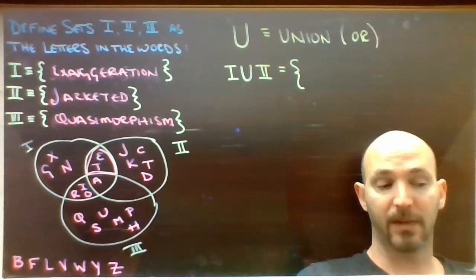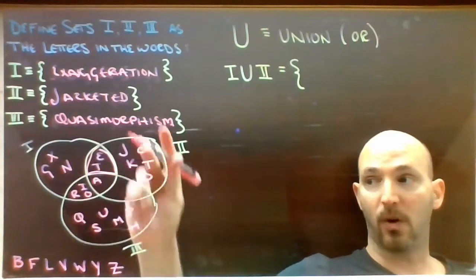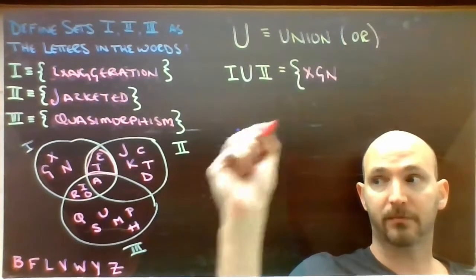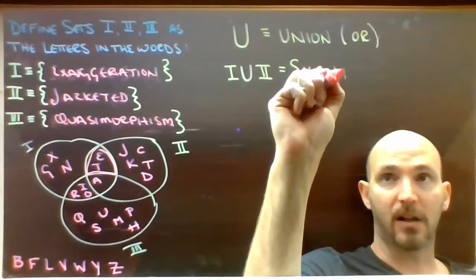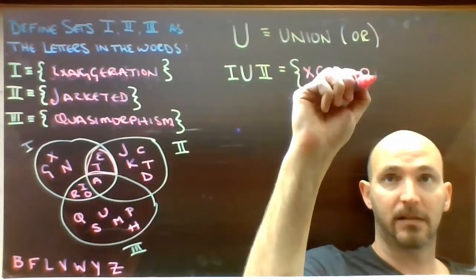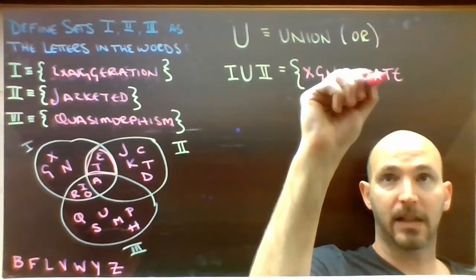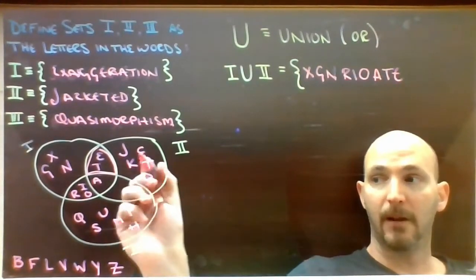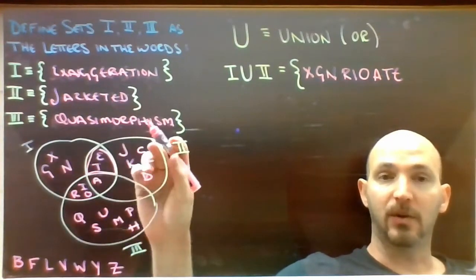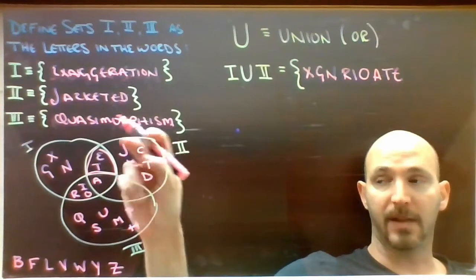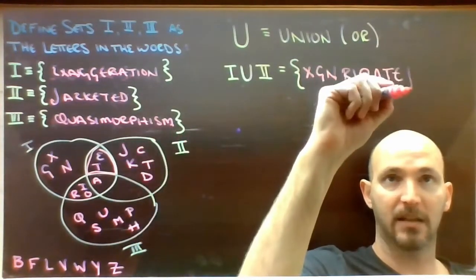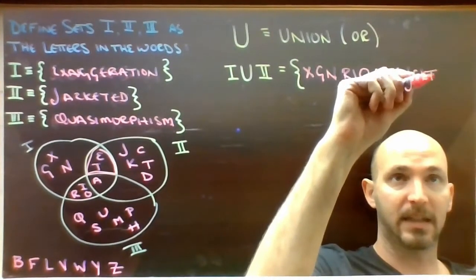If I start going through the list there, within set 1 I have X, G, and N. I have R, I, and O. I have A, T, and E. Those are the things that were in set 1. Now I need to include the things that were in set 2, because those count as well. So I need to add those letters: J, C, K, T, D.